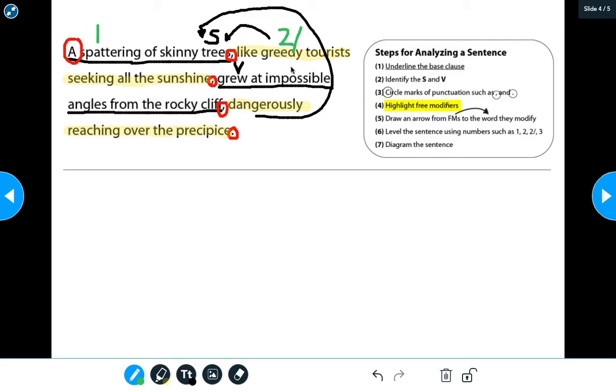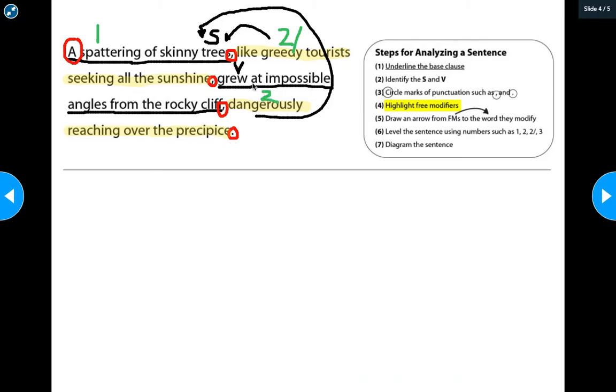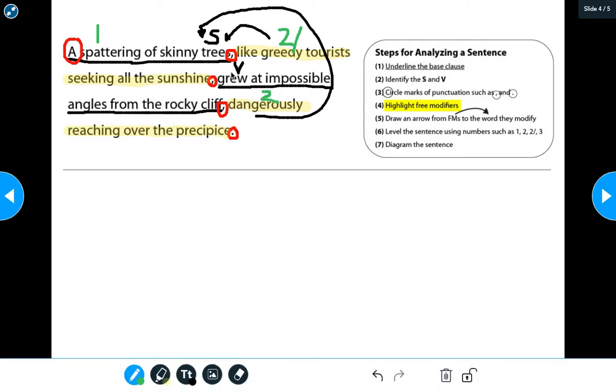It is slicing, slashing, splitting, interrupting, separating the base clause. And then we've got a final position free modifier here as well. And notice I didn't draw a second one. There's not two ones in this. This is just the continuation of the base clause. So the pattern for this is a 1, 2/2.